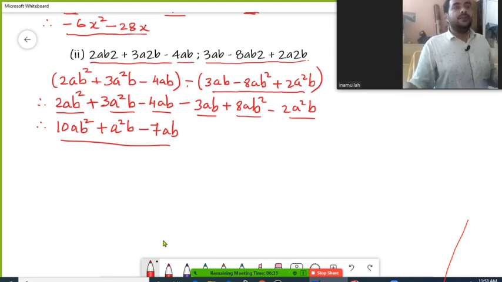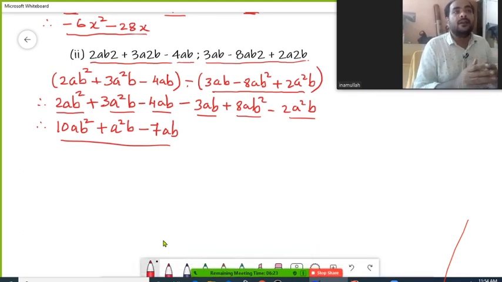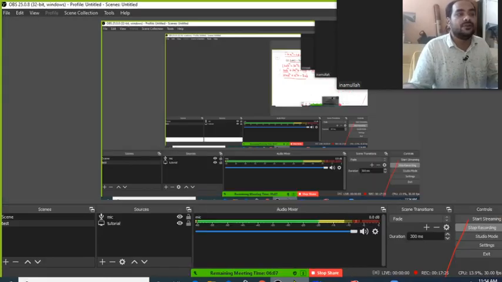And when you are subtracting one polynomial from the other, remember to write both the polynomials within brackets and take a minus sign in between them. And when you open the bracket, don't forget to change all the signs of the second bracket, because there is a minus sign outside the bracket. So these are some important things which you need to remember when you perform addition and subtraction of polynomials.